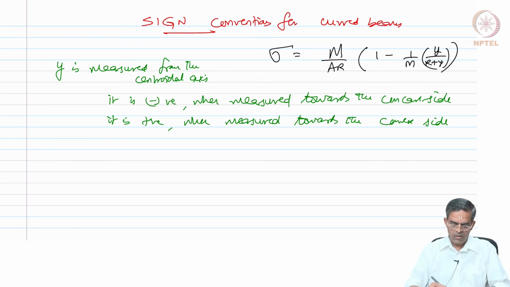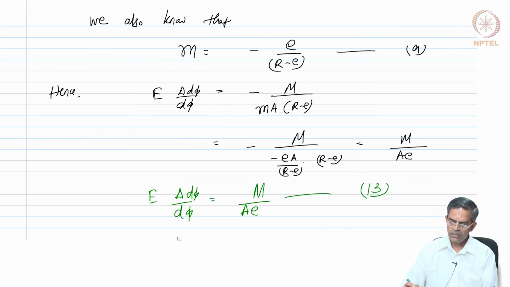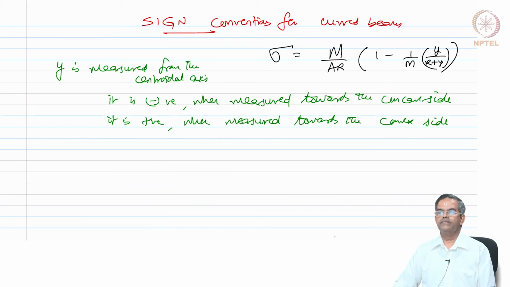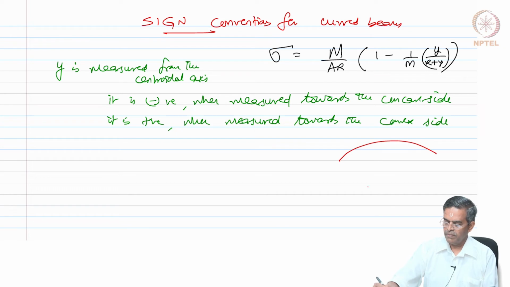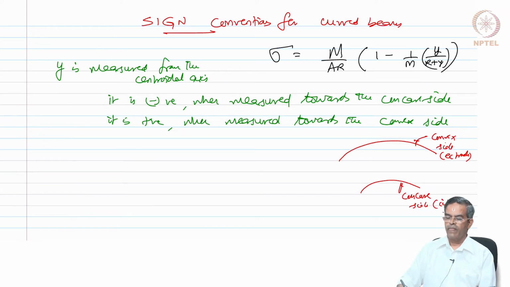What is the convex and concave side? So, in a given curved beam, this is the convex side called extrados. This is the concave side called intrados.